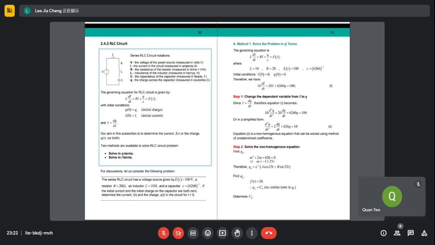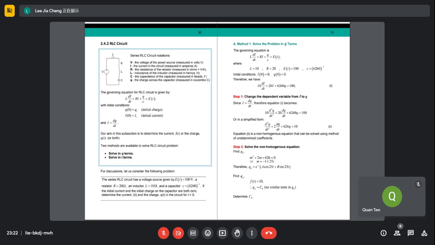Okay, so in the first step, since I equals dq over dt, when we substitute it into the equation, we get the second derivative of q with respect to t, times 10, plus 20 dq over dt, plus 6260 q, which remains constant, equal to 100.